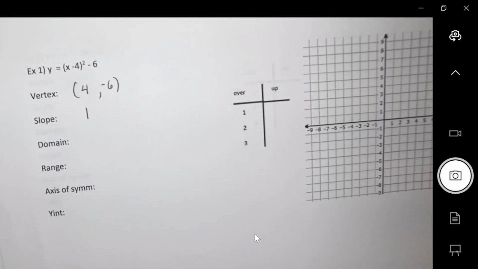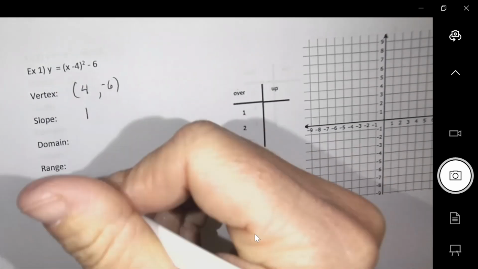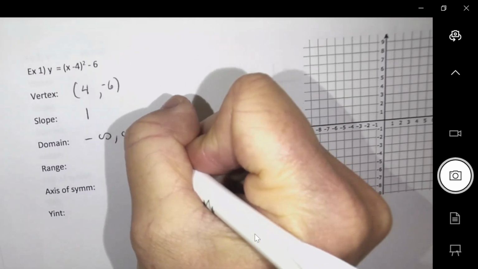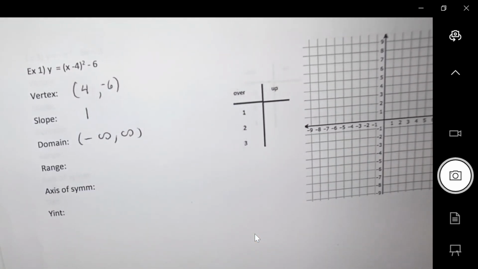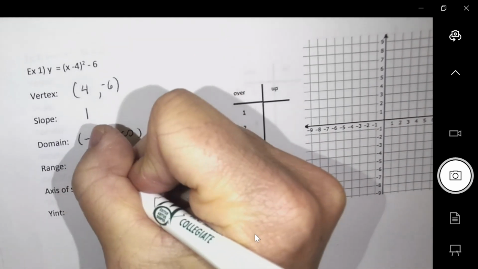Okay, what's the domain of a parabola? Any parabola? Negative infinity to positive infinity. We go left to right. We're going to talk about range. So before I do, do we know which direction we're heading on this thing? Upward or downward? Up.